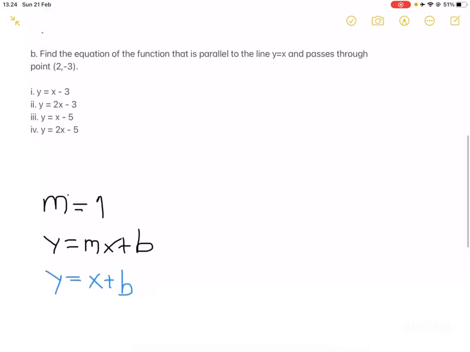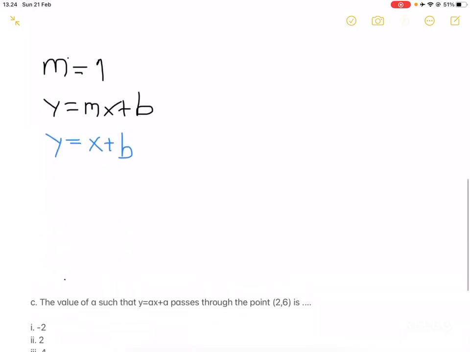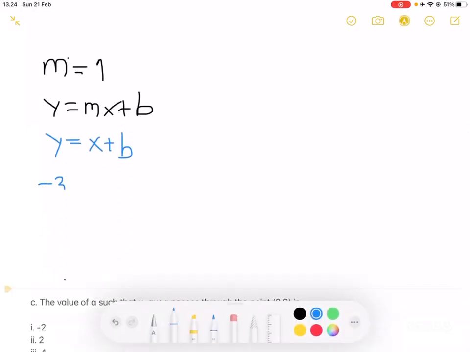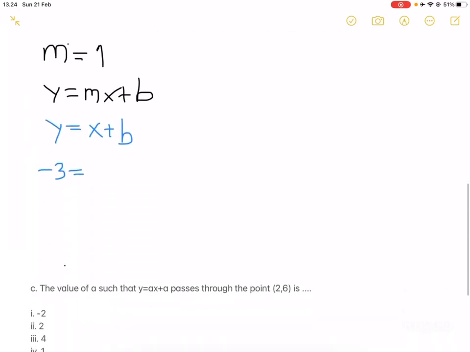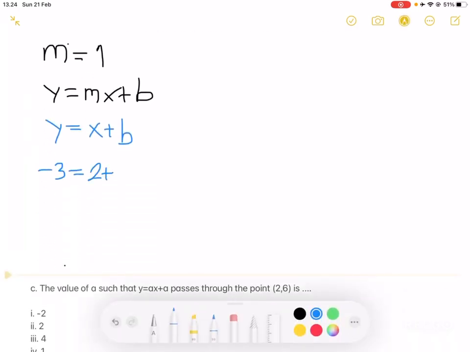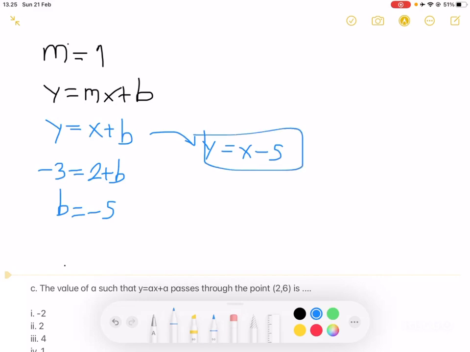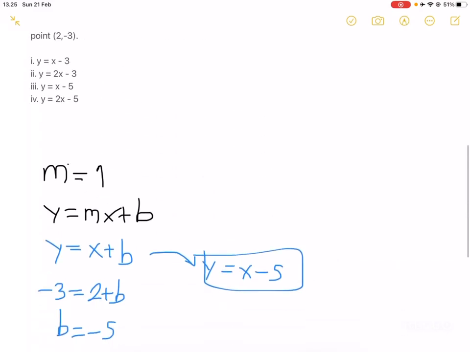The y coordinate is -3, and our x coordinate is 2. Solving this, we'll get that b is equal to -5. That means the equation of the line must be y equals x minus 5. And in this case, it is option 3.